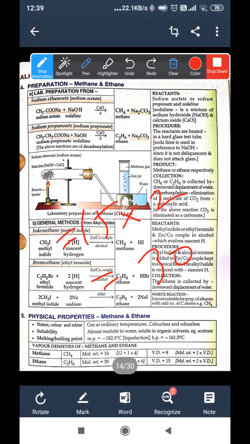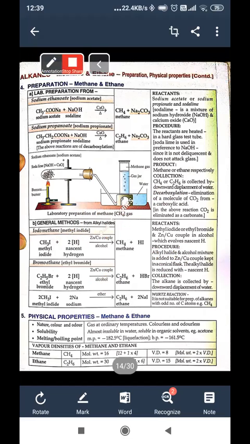By this you can find the molecular mass.